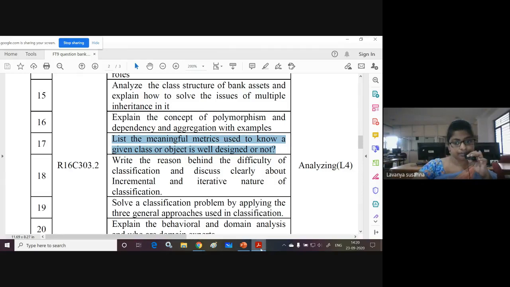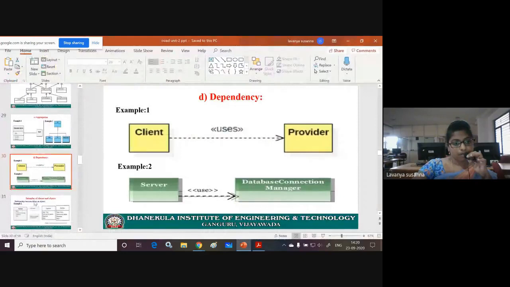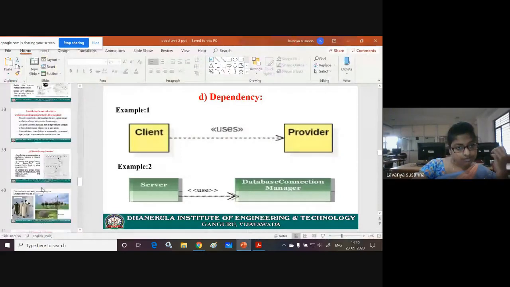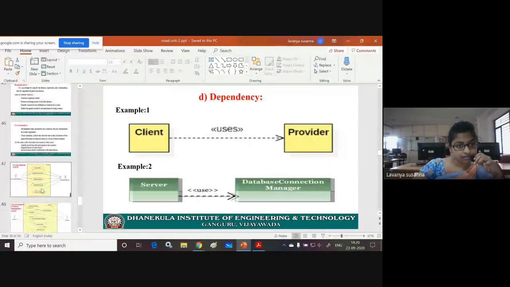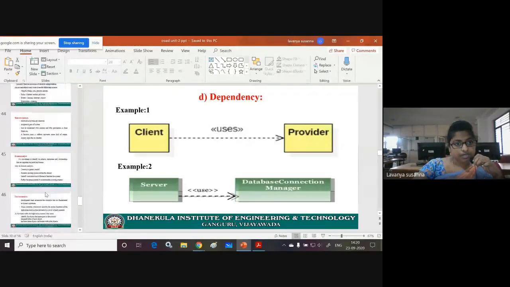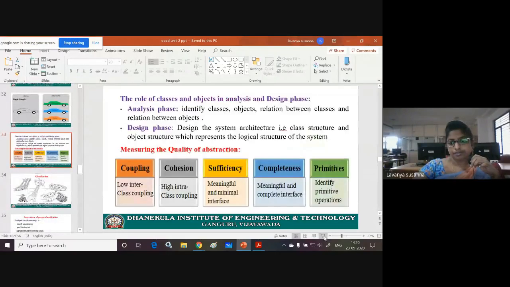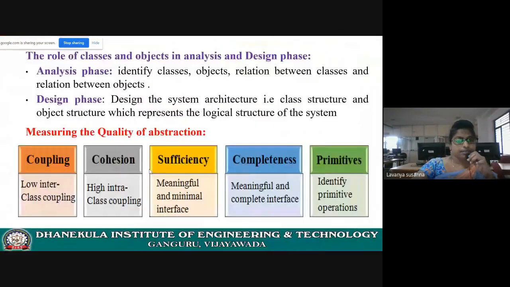Let us see it. Metrics. Okay, see here. In the analysis phase, you have identified the classes, objects, and relations between them.